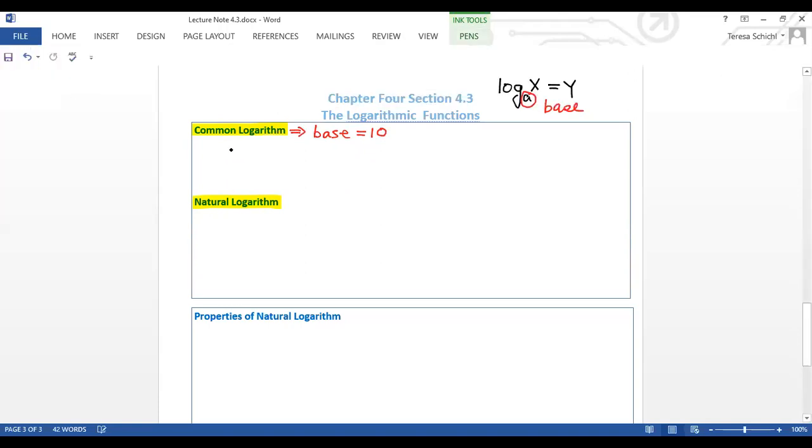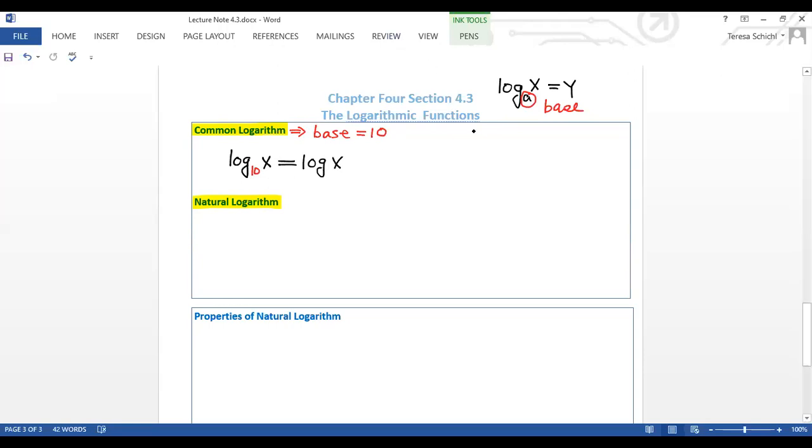So what do we write here? It means the log with base 10 of x. And also, for the common log base 10, typically we do not write the base. So you will write it like log x.